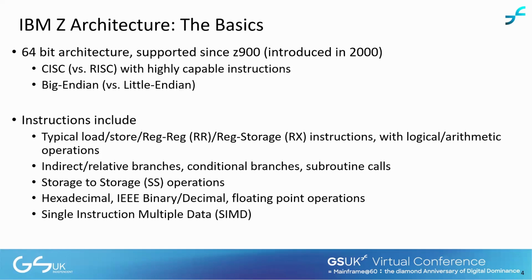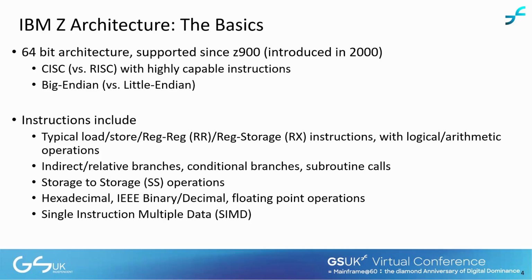It's largely, I would argue, actually a super CISC, complex instruction set computing, versus RISC, reduced instruction set computing, with highly capable instructions. This means a lot of RISC-like architectures have basic loads and stores, and they have register-based arithmetic.